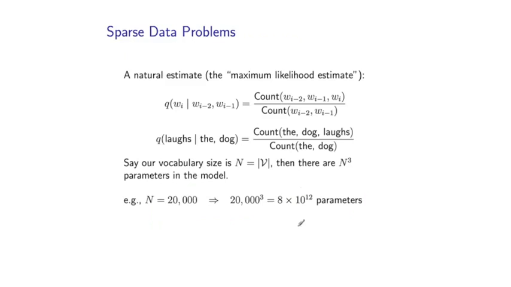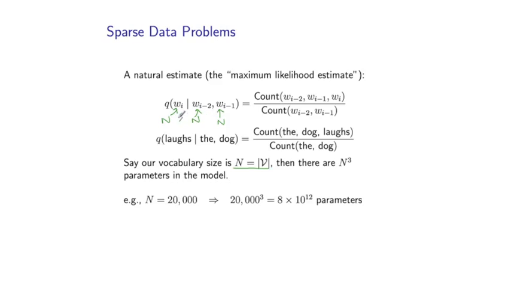But they do have a very clear problem, and that is the following. We have a huge number of parameters in our model. Even though we've made this assumption that we only condition on the previous two words at each point, we still have a very large number of parameters. So if we define N to be our vocabulary size, well, there are N possibilities for this word, N possibilities for this word, N possibilities for this word, plus one or two if we take the stop and start symbols into account.